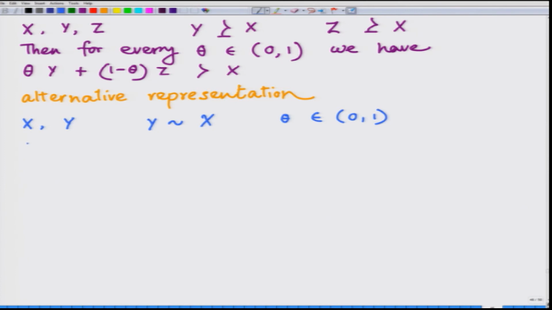If strict convexity holds, then theta Y plus 1 minus theta X, which is a convex combination of X and Y, is strictly better than X.